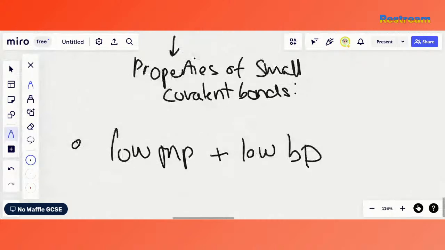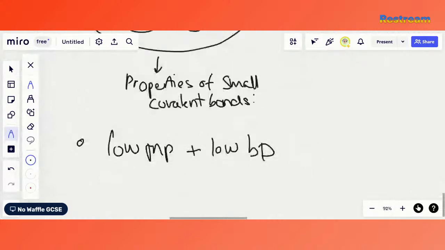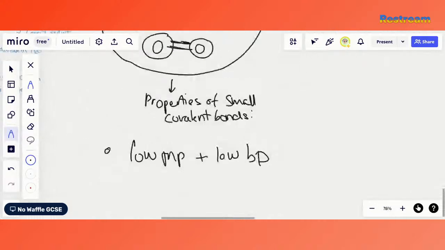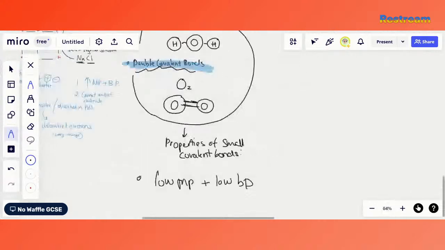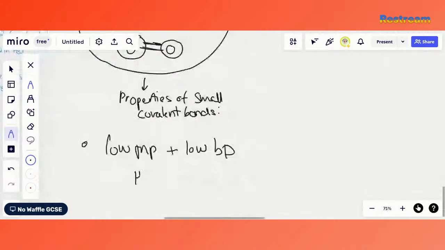This means that things like water and oxygen tend to be liquid or gas at room temperature, which we know. We know that oxygen tends to be gas. That's how we breathe it in.